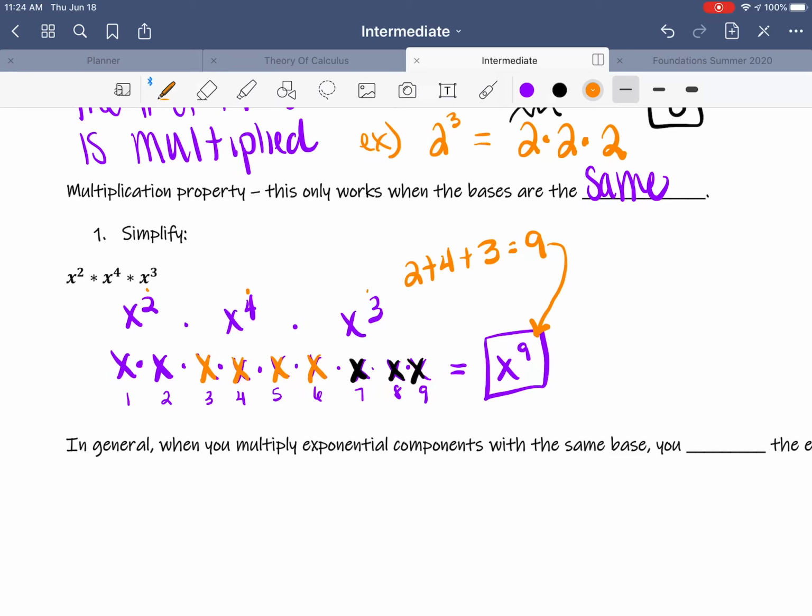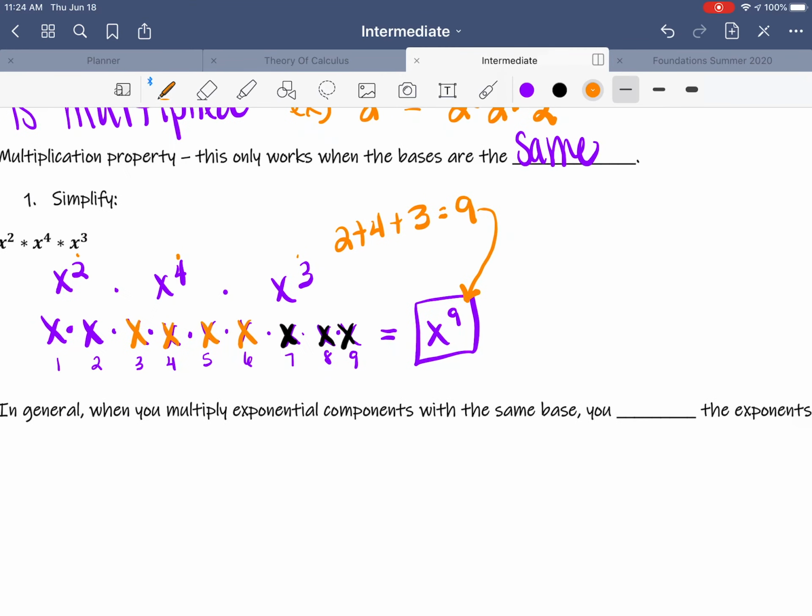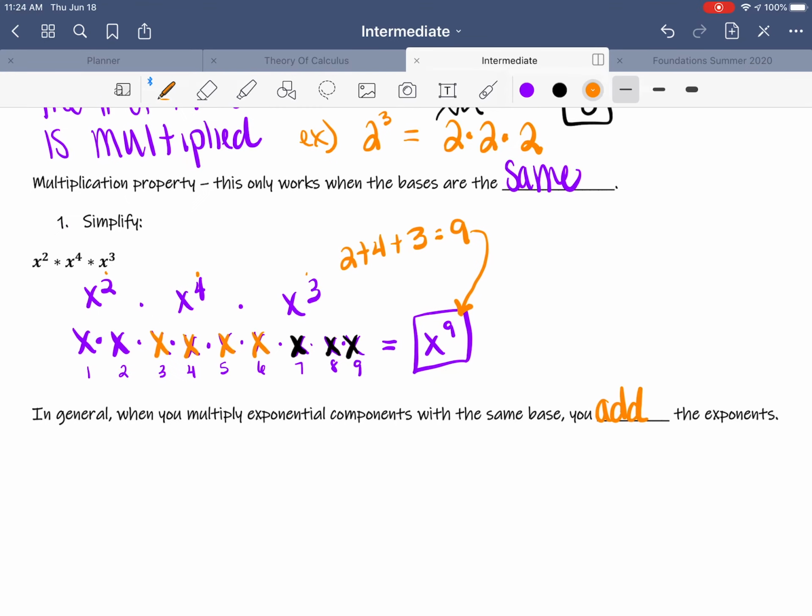So we can summarize this by saying, in general, when you multiply exponential components with the same base, you're just adding the exponents. You can skip straight to here from here. You don't have to draw all this out. You can if you want to, but it is a little time consuming, especially if you have like x to the 15th.